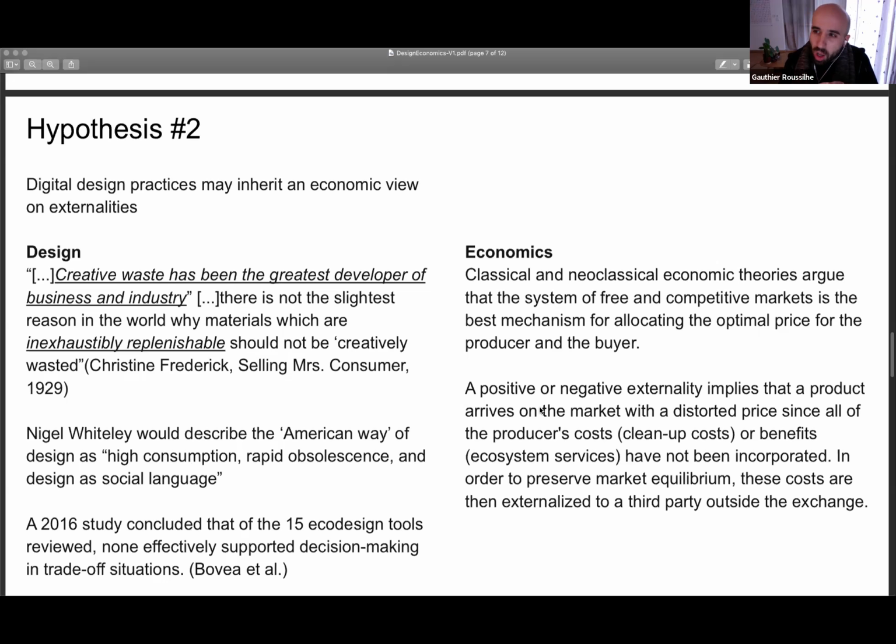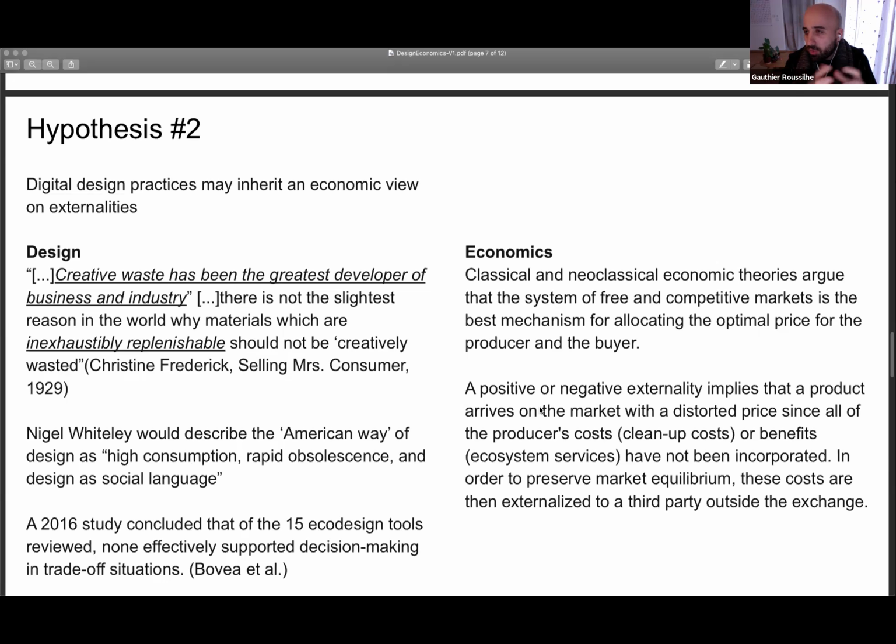But yet, how does economics deal with that? It's quite interesting to think that in neoclassical economics, you cannot really deal with externalities because it doesn't work with the market system.